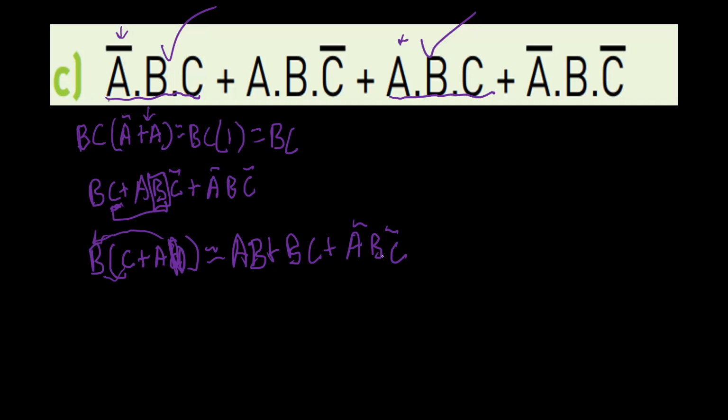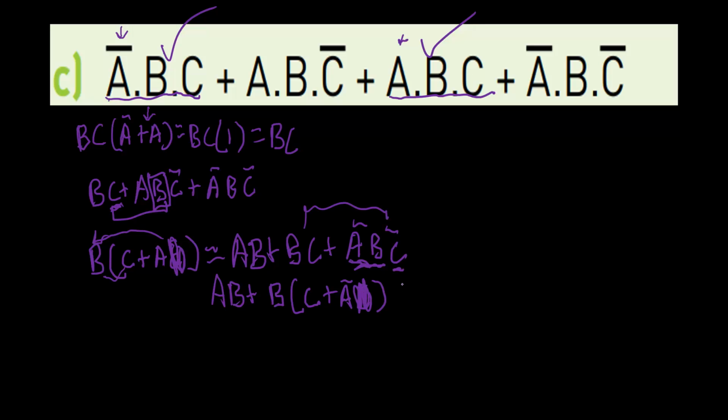So I take a look at these two terms right here. So I have AB, or, and this is going to be B, and I distribute the B to C, or not A, not C. Well, the 1 by itself wins.